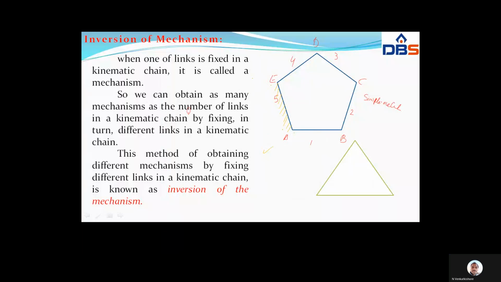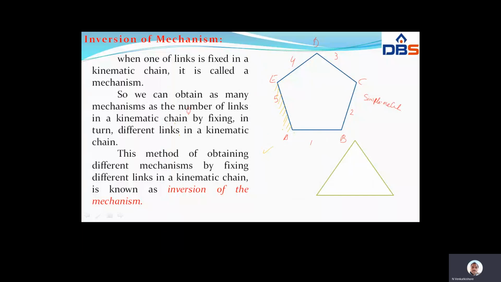So here the fixed link is changed from AB to AE. This is called an inversion of mechanism. Actually the basic mechanism was achieved by fixing AB, but if we change the fixed link to other than AB, then it is called the inversion of mechanism.